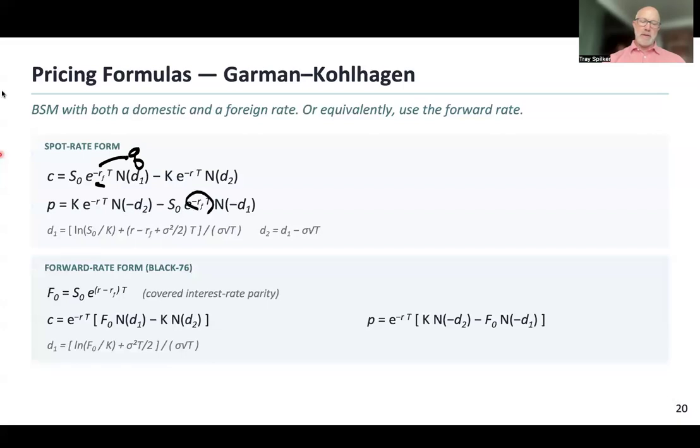And once you do that, everything else follows through the same way. And again, you'll see it show up here as well. In terms of dealing with the forward rate of interest, it looks very similar to what we've seen in our prior lectures on futures and forwards, to represent covered interest rate parity conditions.